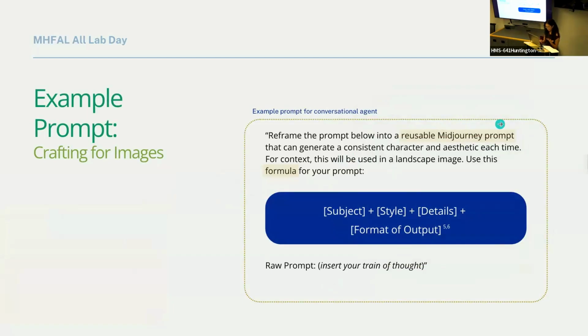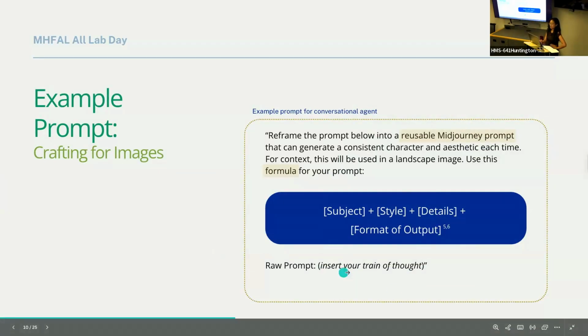I asked it to create a prompt for Midjourney, and then I said, use this formula for your prompt. I inserted this, and then I gave a raw prompt. So this is just a train of thought. Like, I need a woman who's looking at her computer in the middle of the day. She has curly hair. I just describe what I want to see. So it'll transform my raw prompt into a nice prompt here.